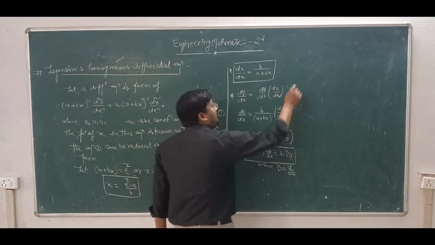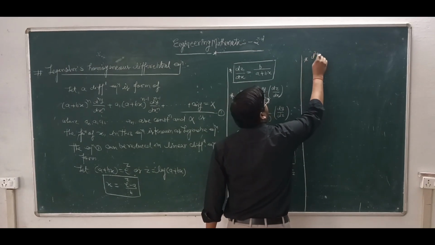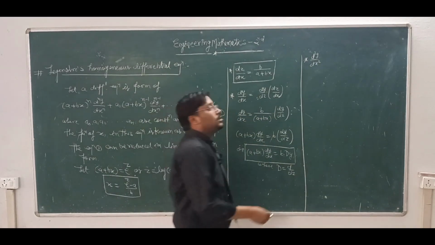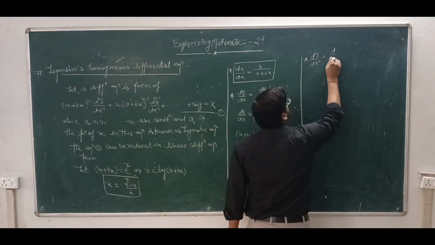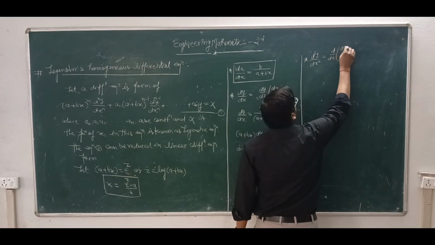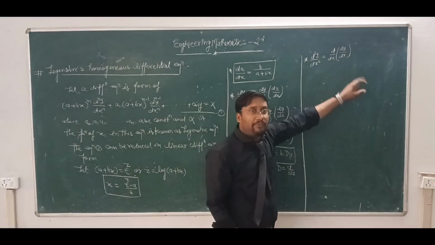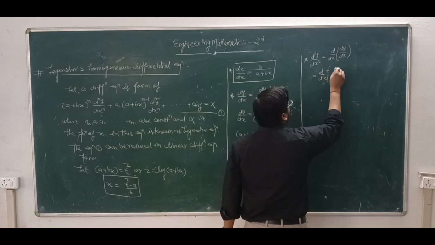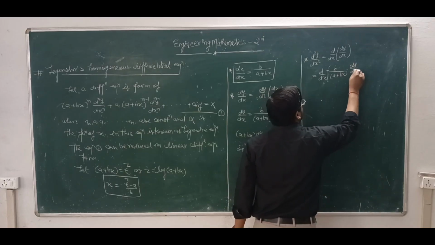Now second, find the value of d2y by dx2. You can write d by dx of dy by dx. Now putting the value of dy by dx, you can write d by dx of b upon a plus bx into dy by dz.